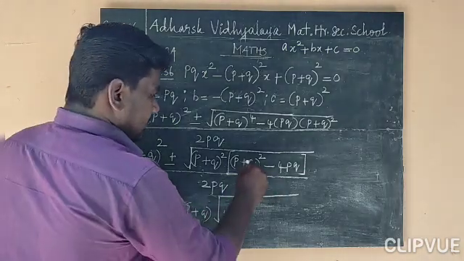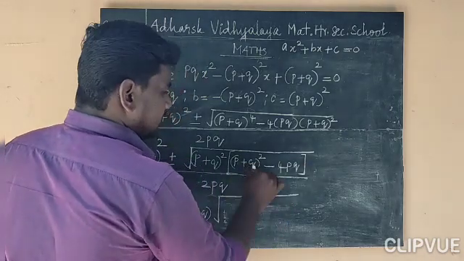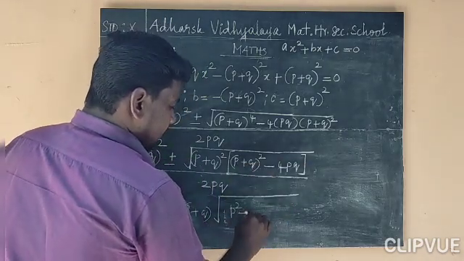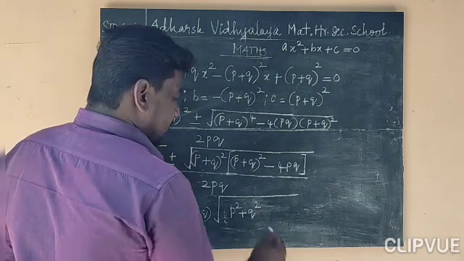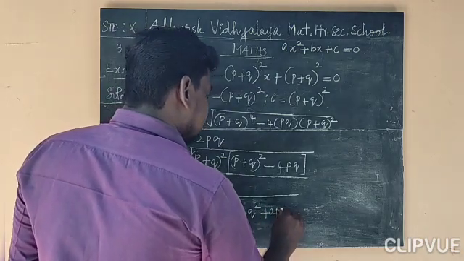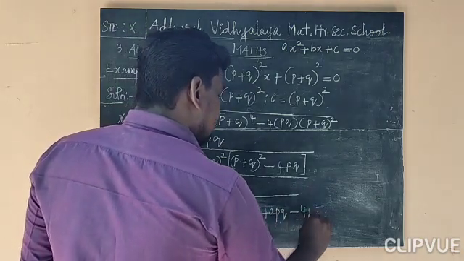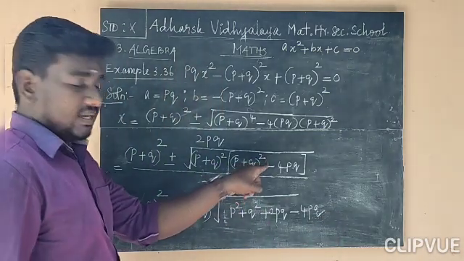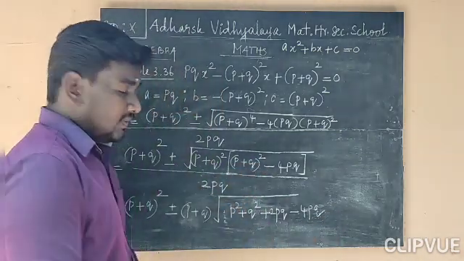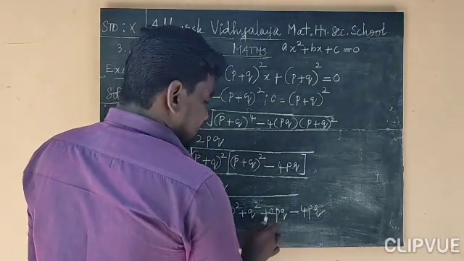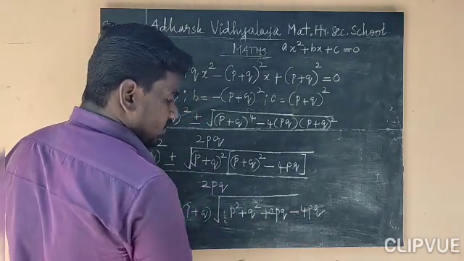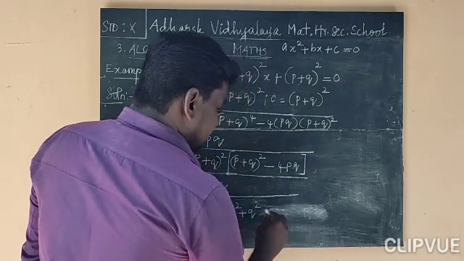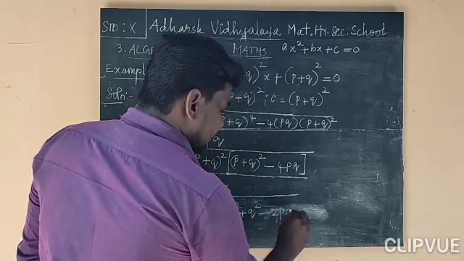The next, if you expand this, a plus b whole square, p square plus q square plus 2 pq minus 4 pq. When you expand this, it is in the form of a plus b whole square, you will get this result. Okay, so after this you can simplify this, plus 2 pq minus 4 pq. What do we get? If you simplify, you will get minus 2 pq.